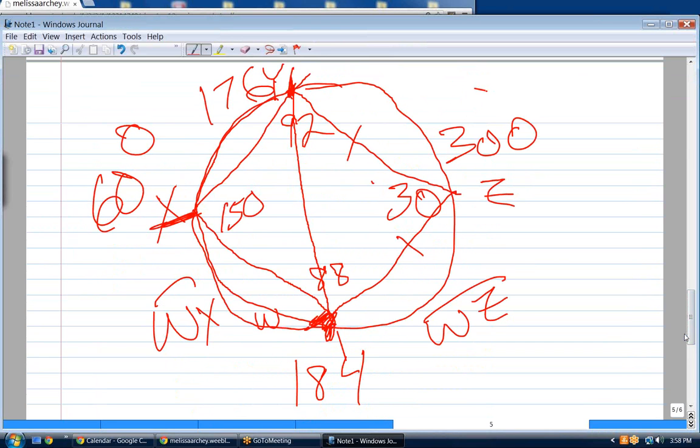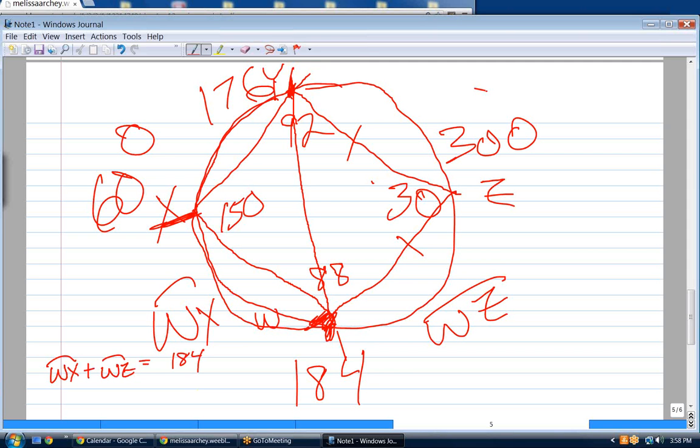I don't know. I mean, it would cut 92 and 88 in half. Well, let's start writing what we do know. We know that arc WX plus arc WZ equals 184.